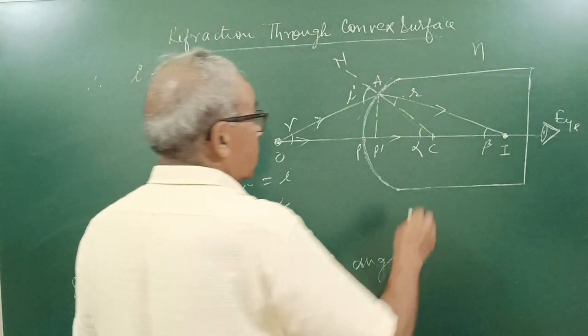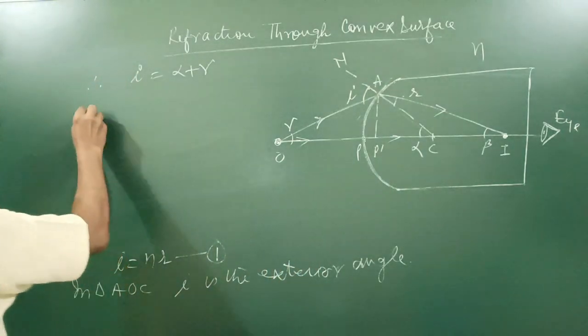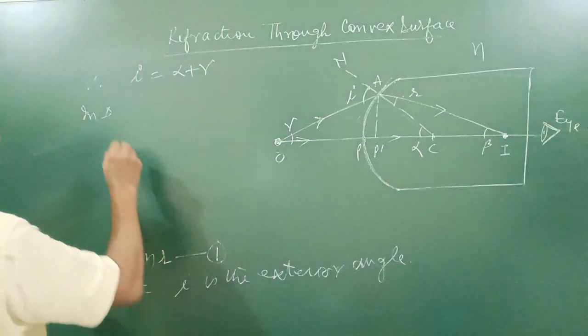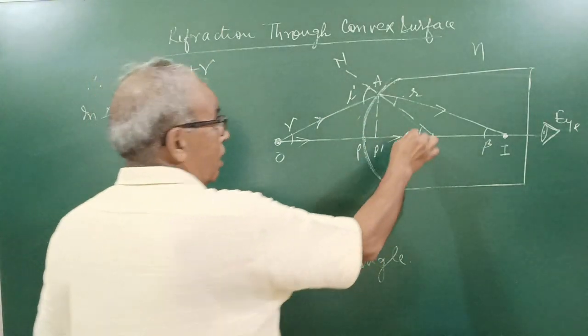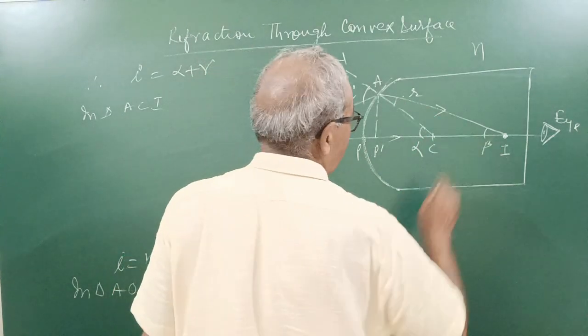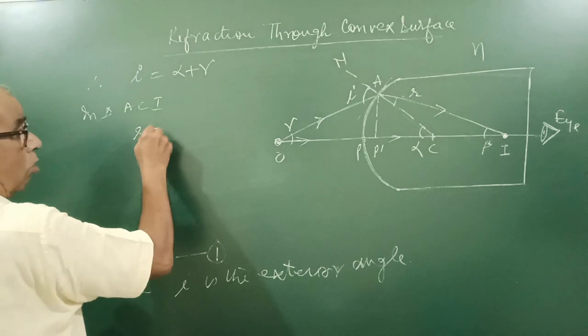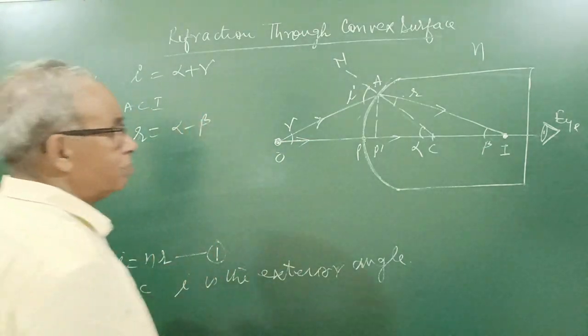Again, from triangle ACI, alpha equals r plus beta, and hence r equals, writing directly, alpha minus beta.